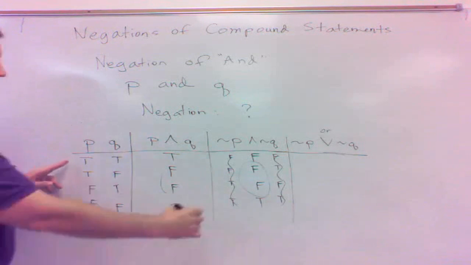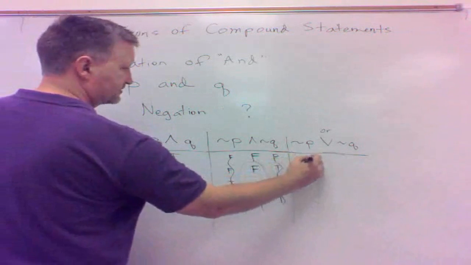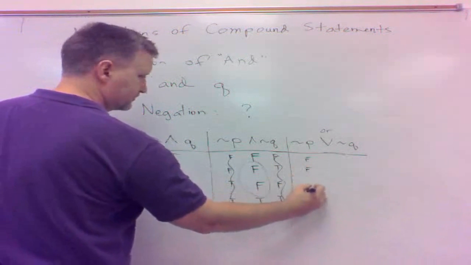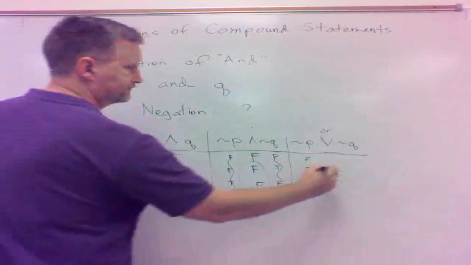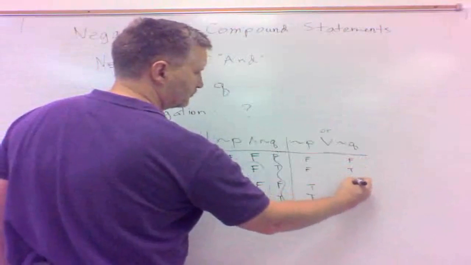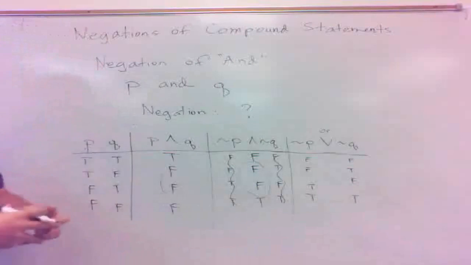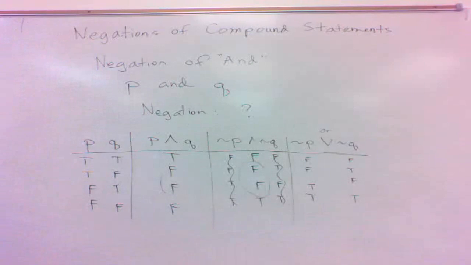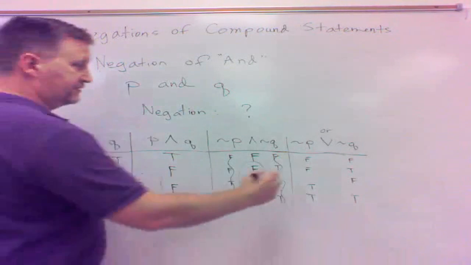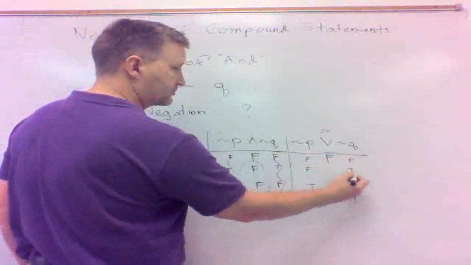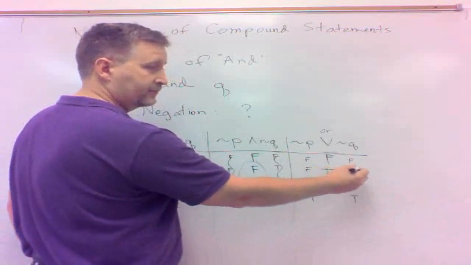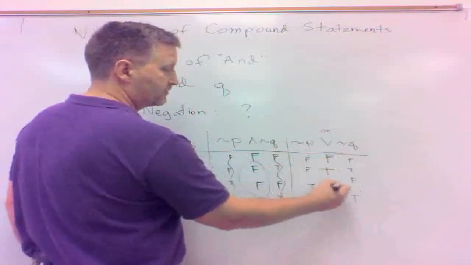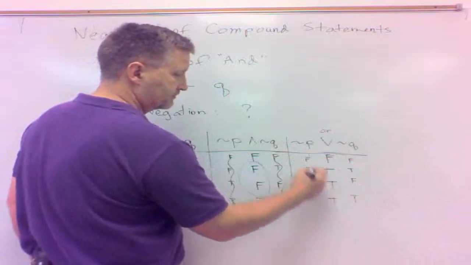Okay, so again, the not P is going to be false, false, true, true. The not Q is false, true, false, true. So we or those together now instead of anding them. Well, false or false is false, but false or true is true, because it's or now, and one of them's true, so or is true. True or false is true, and true or true is true.